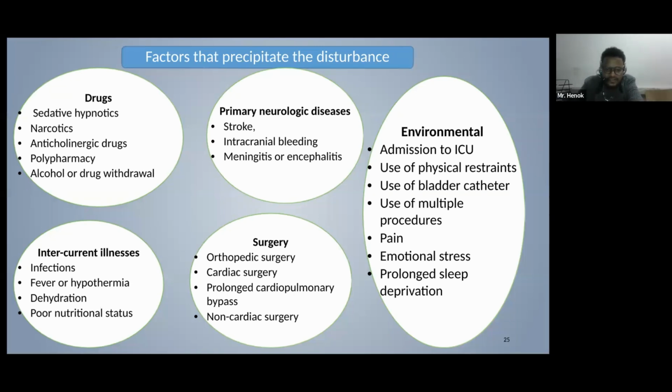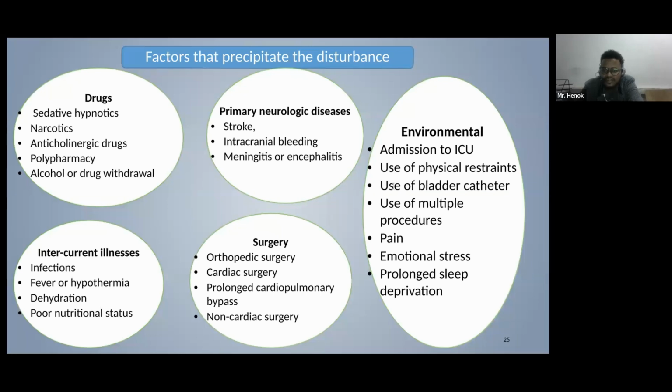surgery, any kind of surgery, especially the so-called big surgeries, cardiac surgery or prolonged cardiopulmonary bypass. These surgical procedures can put patients at higher risk of delirium, and environmental factors. For example, being admitted to the ICU, use of physical restraints, use of bladder catheter.